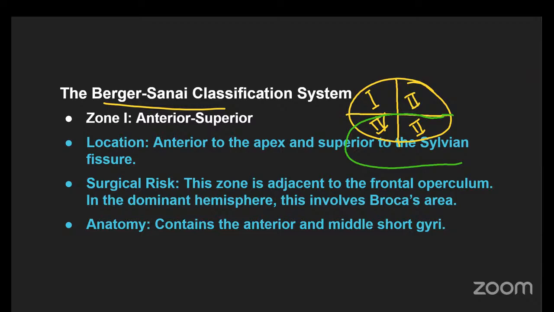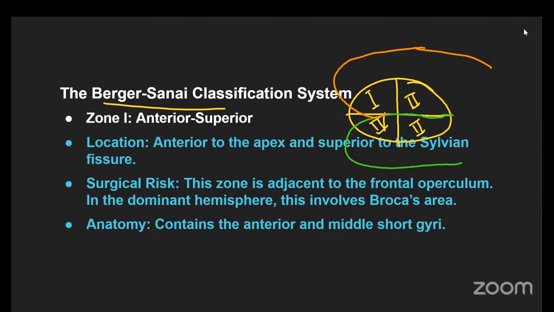You'll have to imagine that there is frontal lobe, which is also extending up to the parietal lobe posteriorly. And somewhere in between, we have the central sulcus here as well. So what ends up happening is zone 1 is anterior superior.